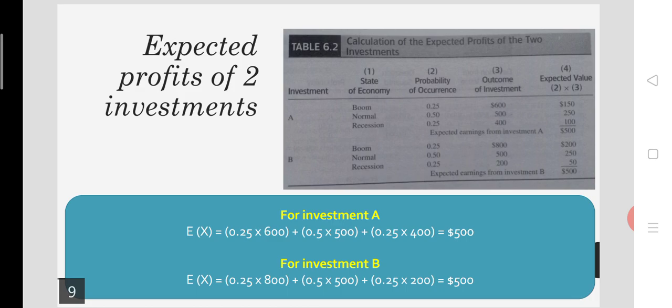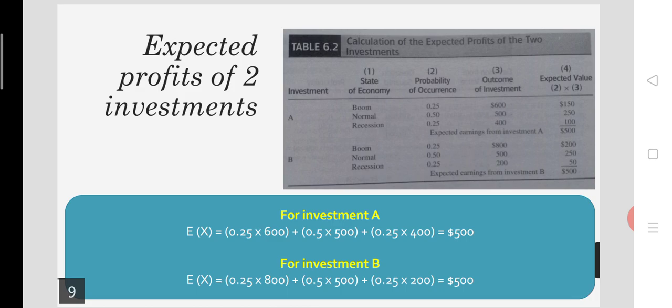That is the matter of concern here. So we need to find it out from the probability, the expected value, and the variability. These are the three tools for the decision.